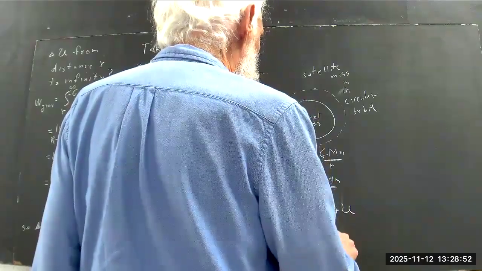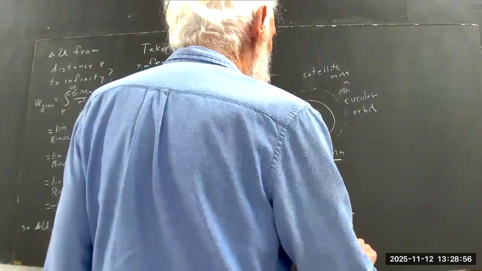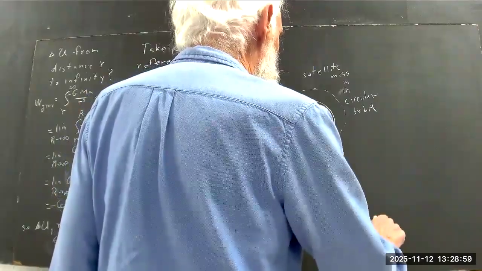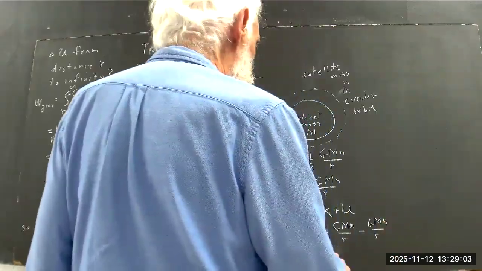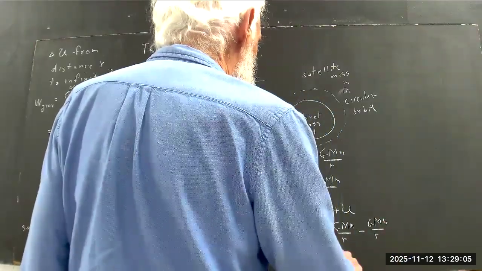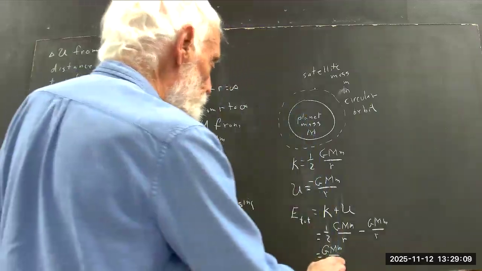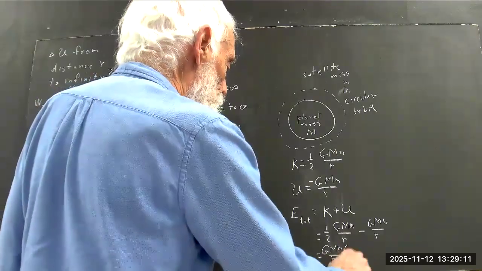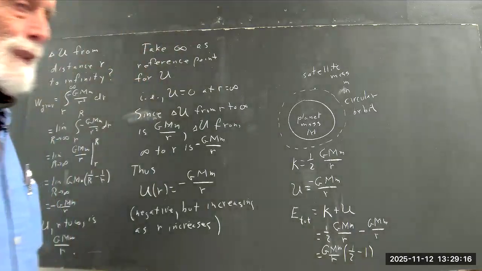And that's 1/2 big G big M little m over R minus big G big M little m over R, which is big G big M little m over R, factored out, times 1/2 minus 1, right?